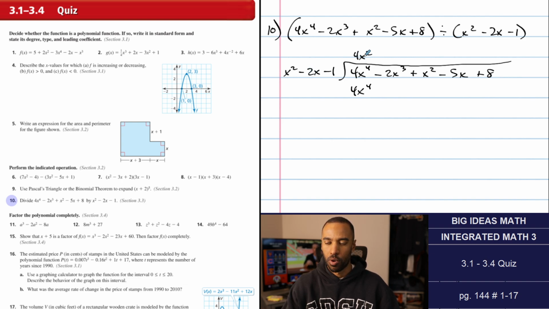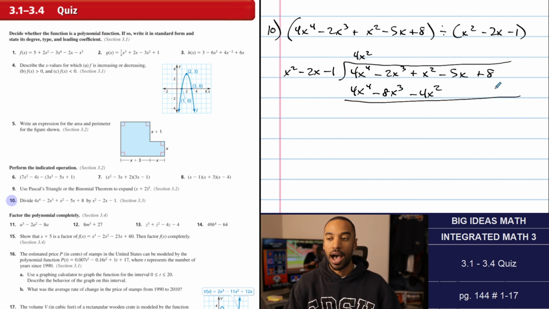Negative 2x and negative 1 will also multiply by the 4x squared, and we'll subtract this bottom result from what's up top. Negative 2x times 4x squared is negative 8x cubed. Negative 1 times 4x squared is negative 4x squared. So we'll subtract this result. As well as the book, I don't write the subtraction, I just do the subtraction. So trust me on what I say out loud. 4x to the fourth minus 4x to the fourth is 0. It cancels out. That's expected.